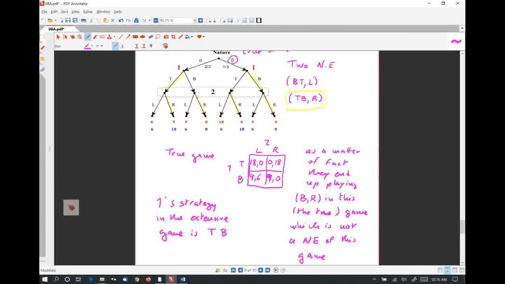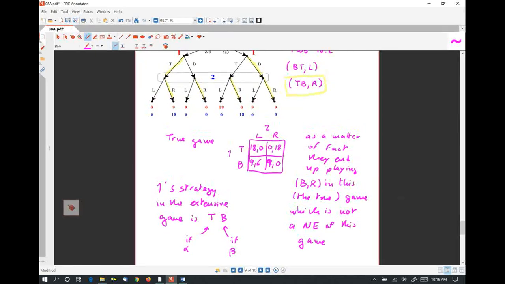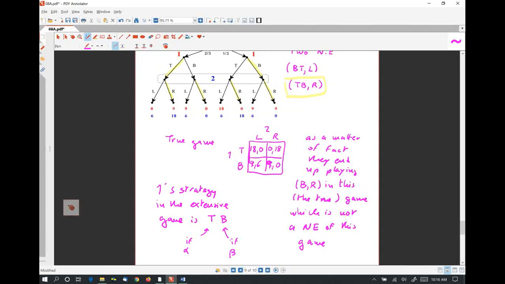To be understood that player 1 would play T if the state is alpha, and B if the state is beta. But in the situation we represented initially, player 1 knew that the state was beta. The true state is beta, and player 1 knows that the state is beta.